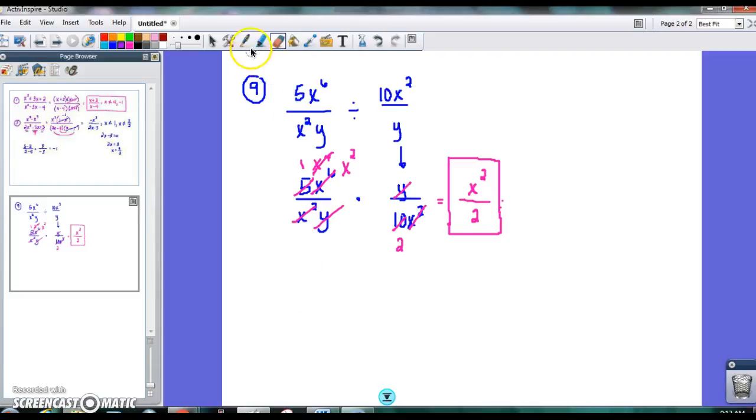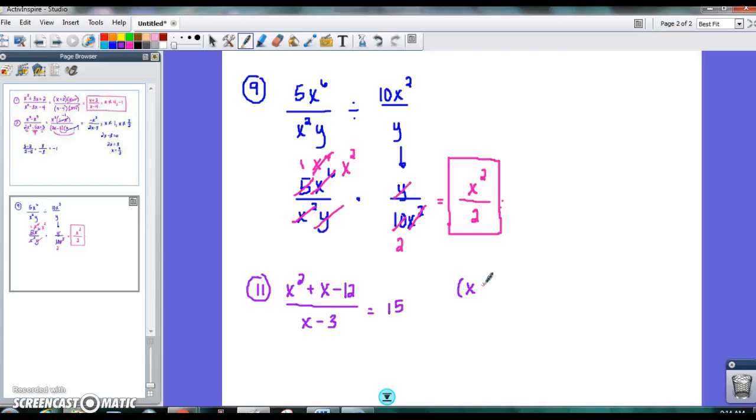In problem number 11, I do want to just go over that one real quick. In number 11, you had x squared plus x minus 12 over x minus 3 was equal to 15. Here you can factor your numerator.